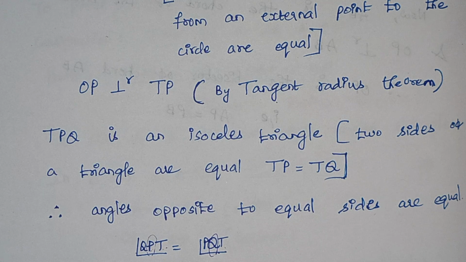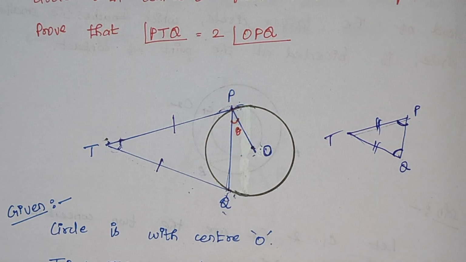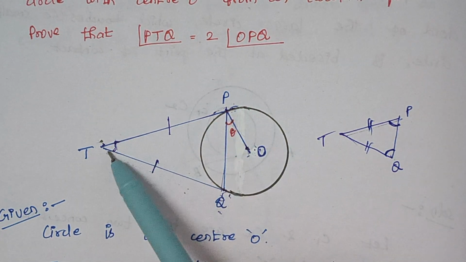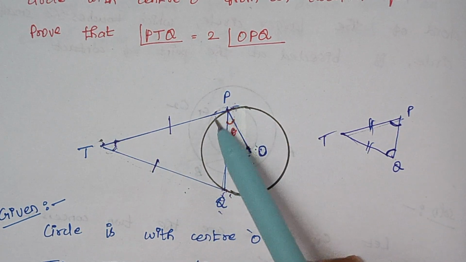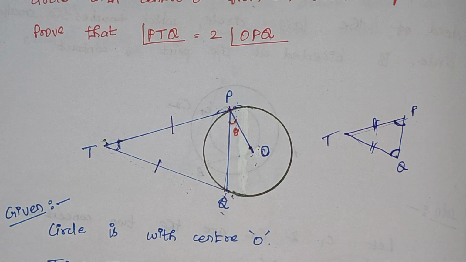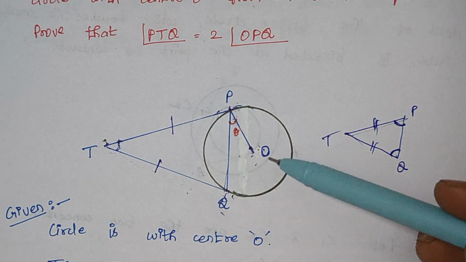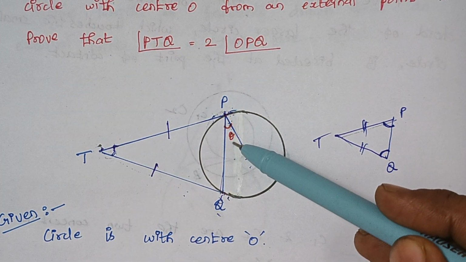Now the next thing is we are going to consider our theorem 1. In this theorem, you see angle OPT is 90 degrees because this is the radius and this is the tangent and they are perpendicular to each other. So angle OPT is 90 degrees and angle OPQ we are assuming as theta.